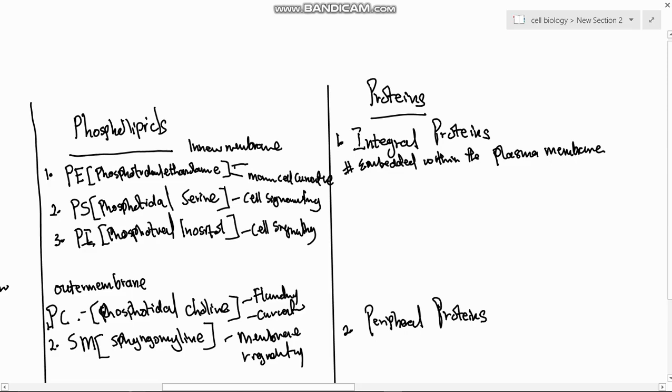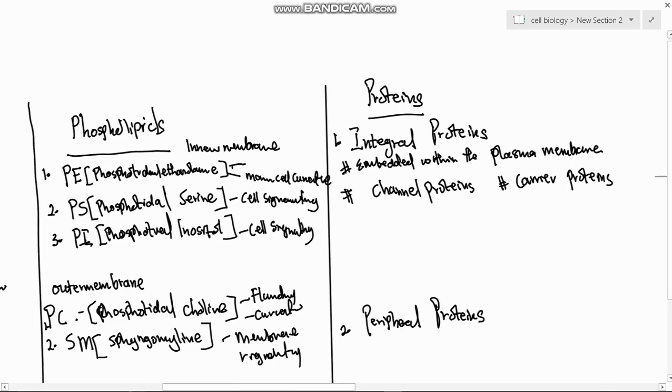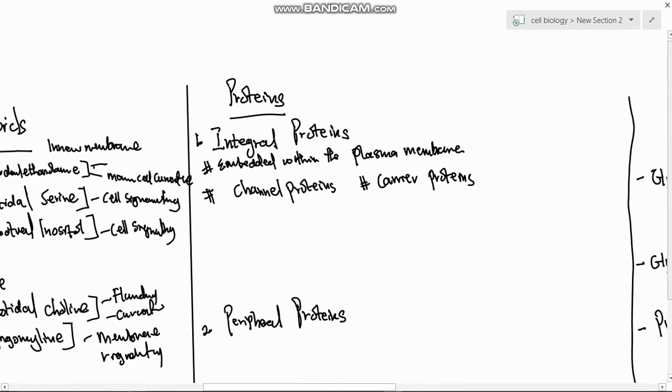So first of all, we can talk about the channel proteins. We can also talk about carrier proteins. We can talk about receptor proteins.